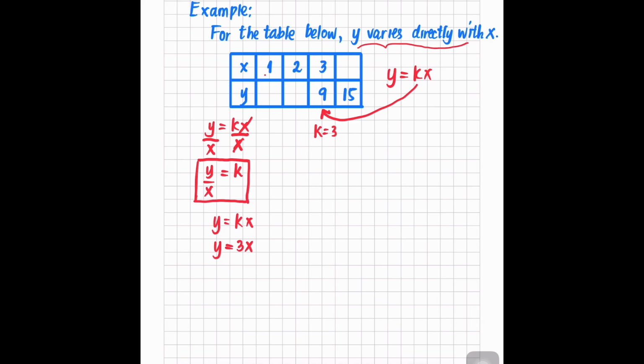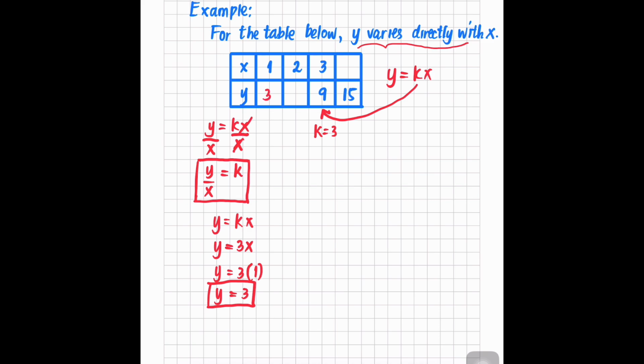And then if we want to find y when x is 1, we just simply plug in 1 to this equation. So what is the value of y when x is 1? So plug in 1 to the equation and simplify. So 3 times 1 is 3. So when x is 1, the value of y will be 3.